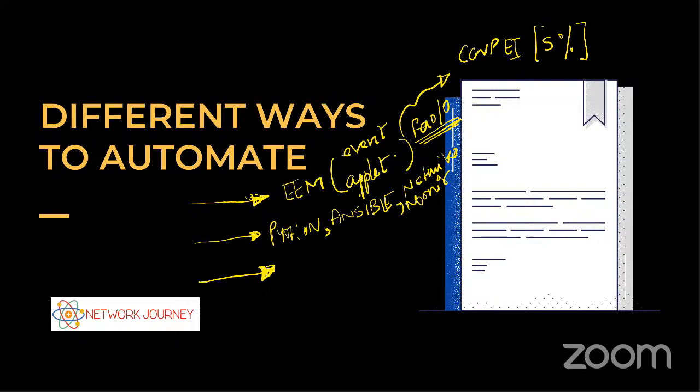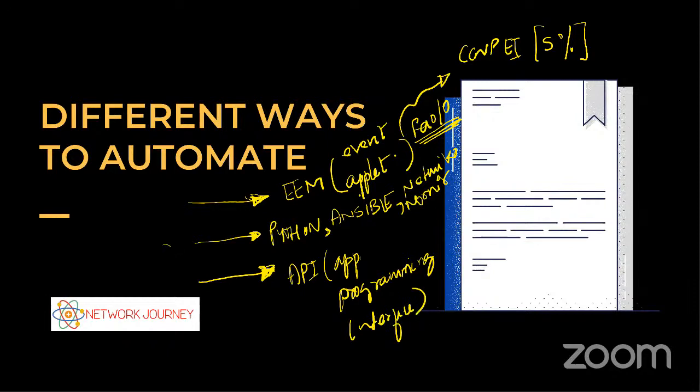And the last one, which is a trend now, is the API way of automating, Application Programming Interface. These two are widely used. These two are huge these days: Python and Ansible automation, and the API method of automation.